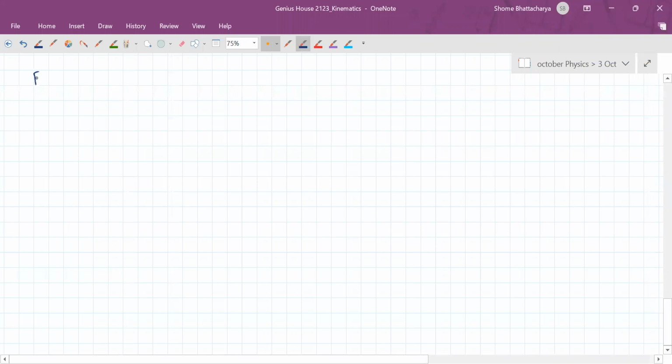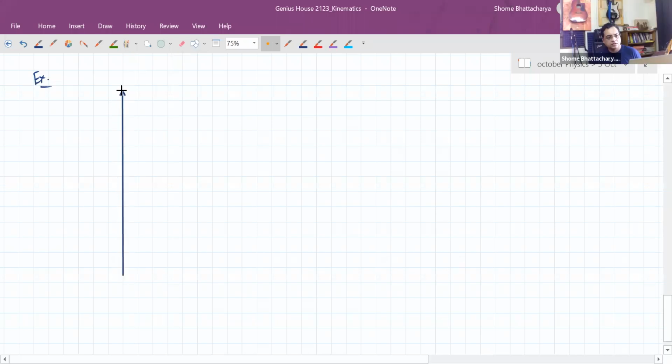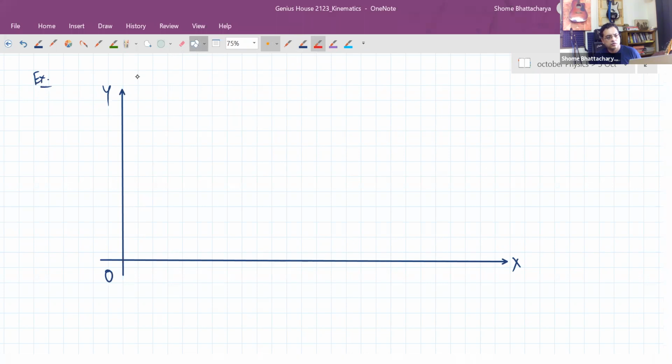Okay, now let's look at an example like this, where suppose I have a two-dimensional motion, starting from this given position.